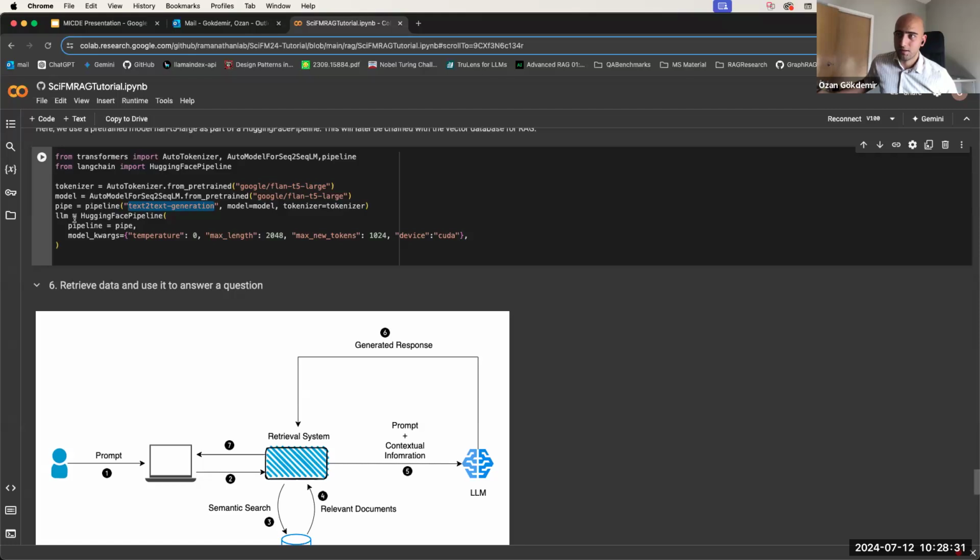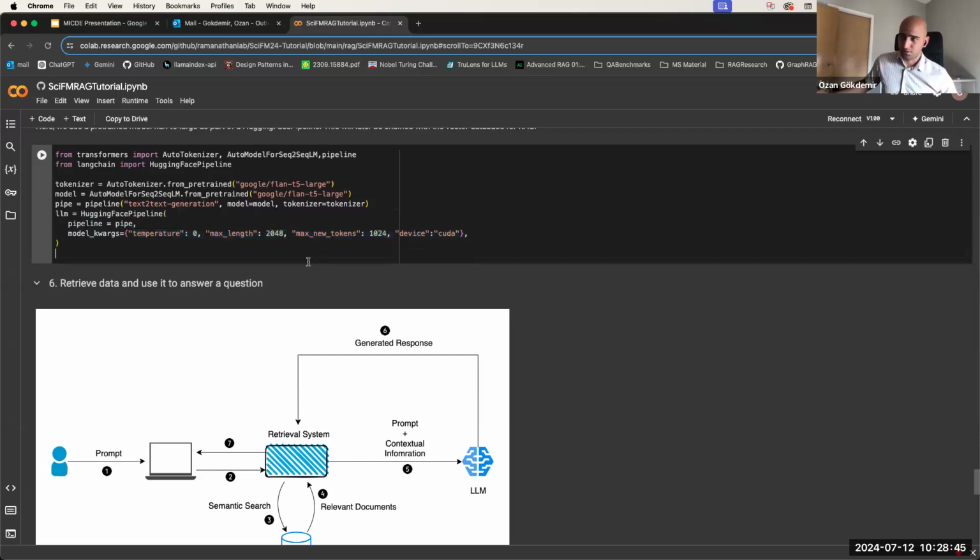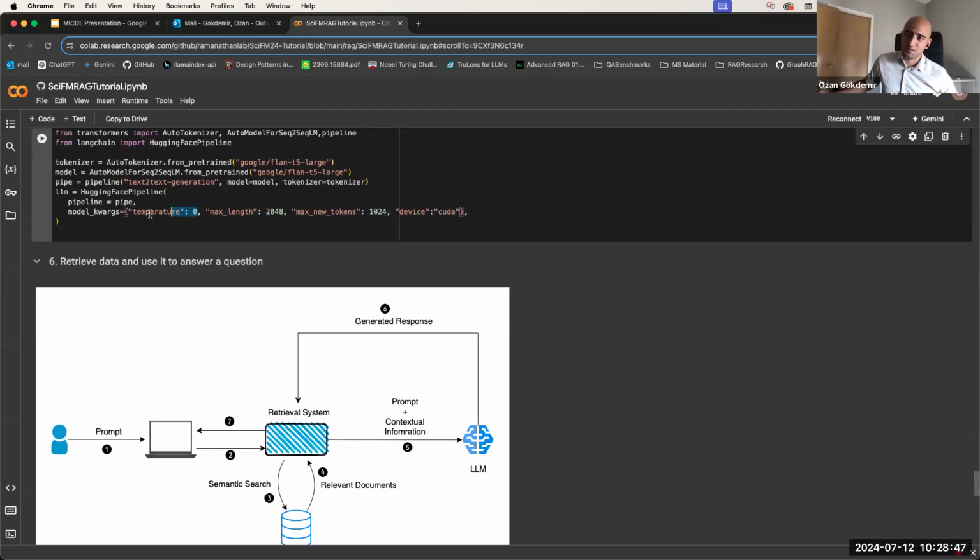Then you create your LLM. Sorry, you create a Transformers pipeline here. Then you create a Hugging Face pipeline with that, with some temperature and some hyperparameters for generation. I'm not going to go into detail, but temperature is basically about being deterministic, where you want a more narrow sampling.